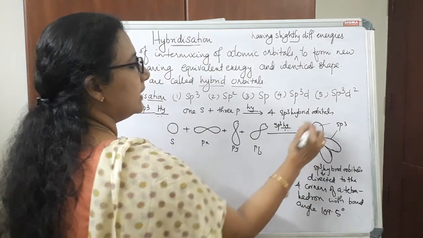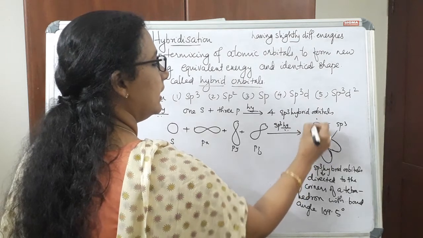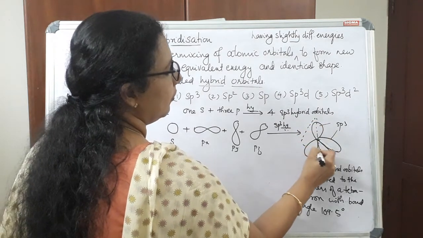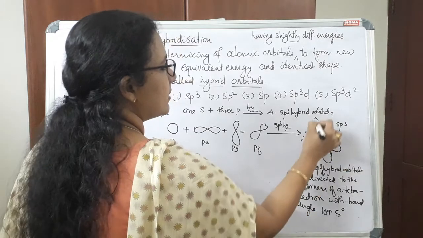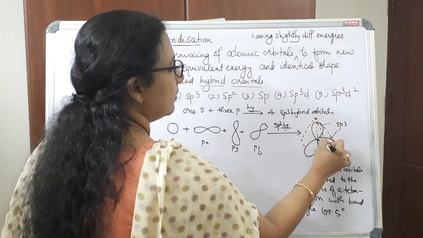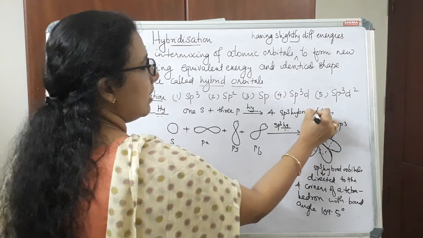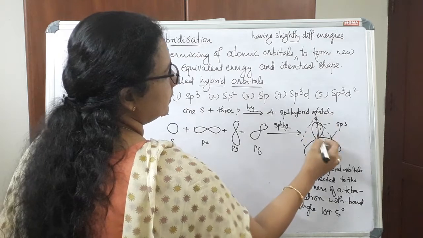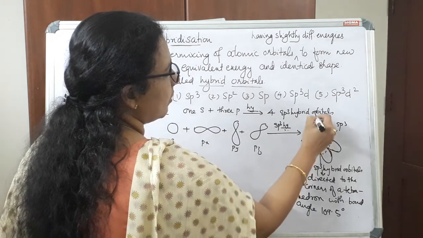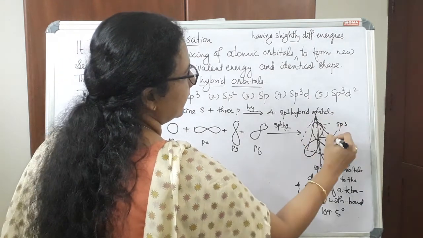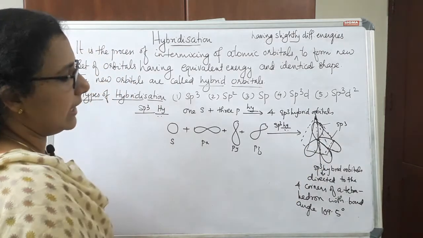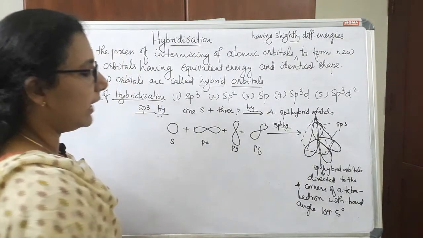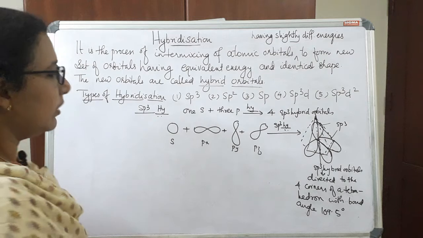They are directed to the four corners of a regular tetrahedron. A tetrahedron can be drawn like this. So this is tetrahedral in shape and has a bond angle of 109.5 degree.